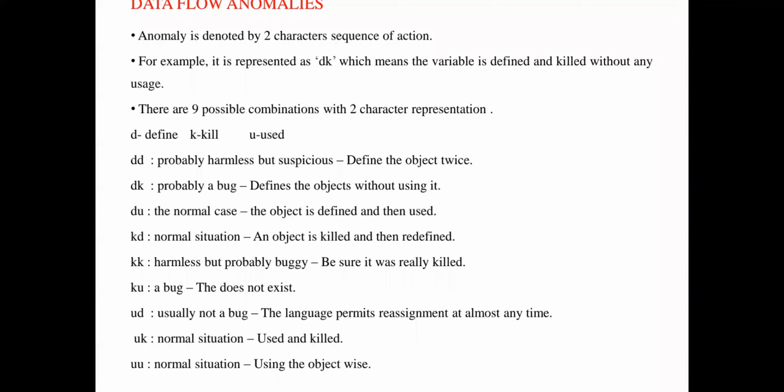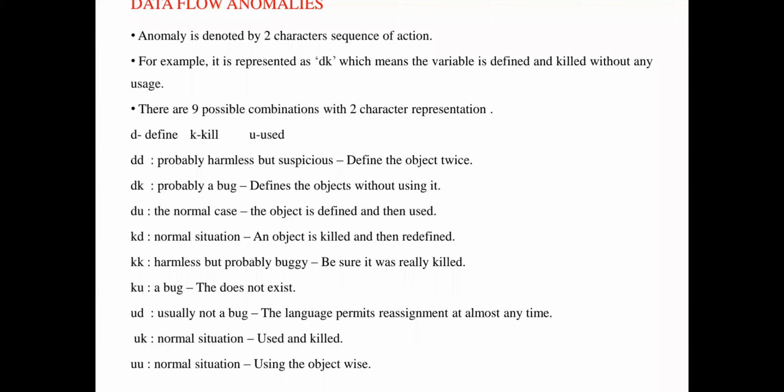It is an anomaly. Generally, we define a variable for further usage only. For example, you are defining a variable called a. That variable is defined to use in some other place, or to store some value, or for calculation purposes; some usage will be there for that particular variable.